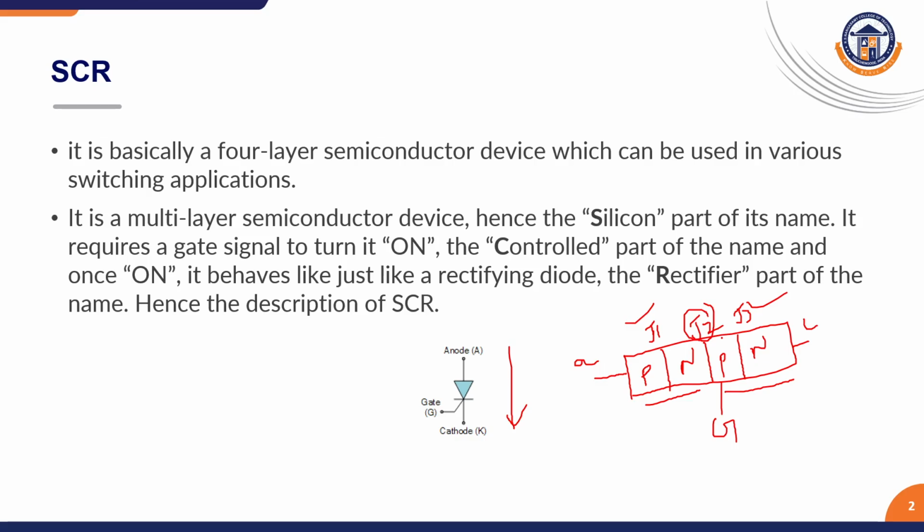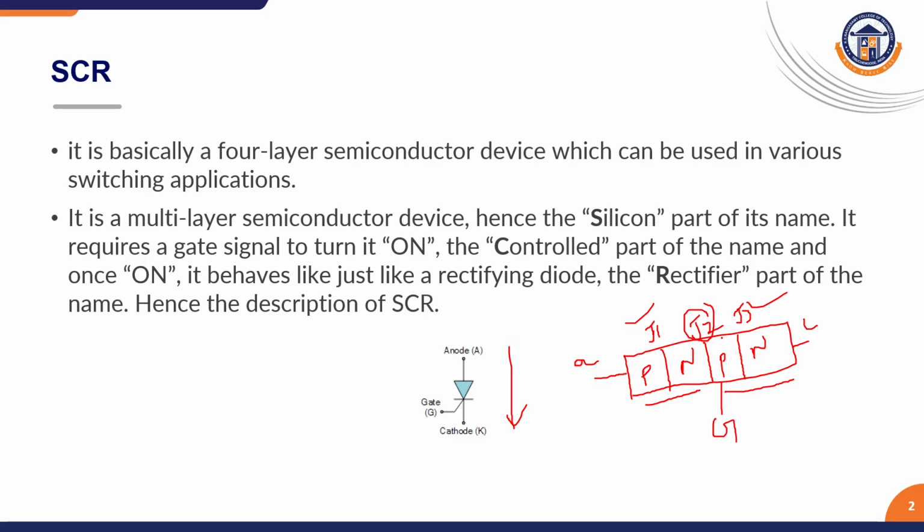If the reverse voltage is increased to the critical breakdown level, called the reverse breakdown voltage, avalanche occurs at J1 and J3, and the current increases rapidly. A larger current associated with breakdown voltage gives rise to more losses and leads to damage of the SCR. Therefore, the reverse voltage across SCR should not exceed the reverse breakdown voltage.